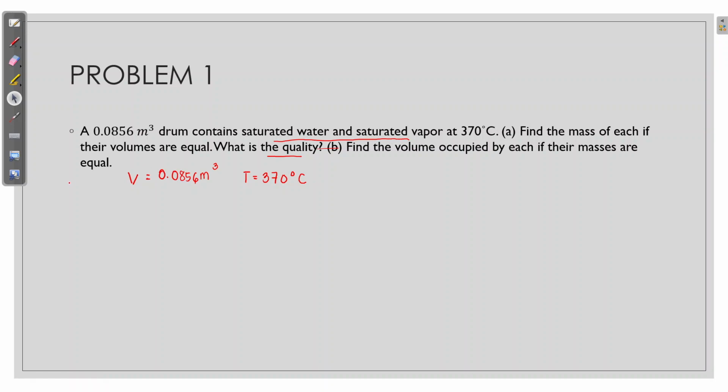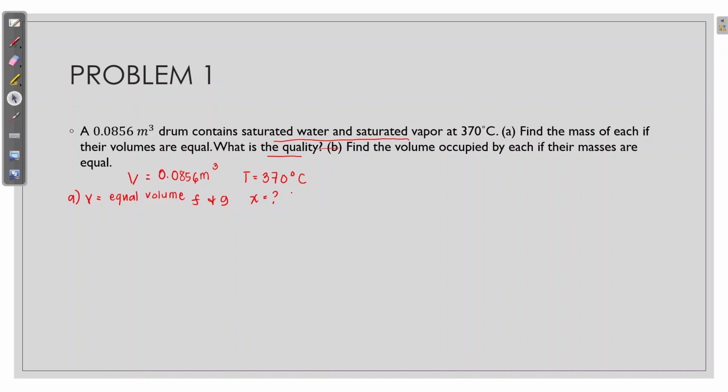So first, kung ang volume daw ay equal volume, equal ang volume ng F at saka G, ano daw yung quality?